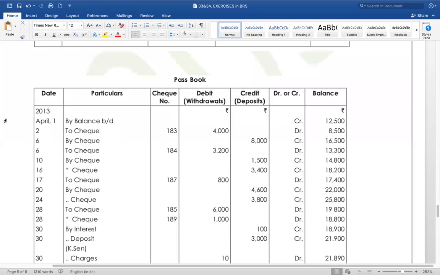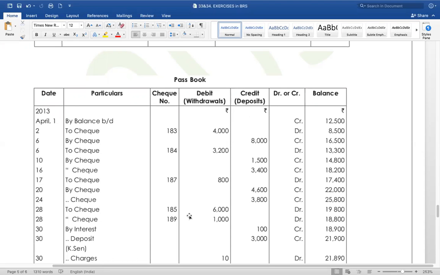On April 1st, the opening balance is 12,500. Every time you withdraw money, it is recorded here in the debit column. Every time you deposit money, it is recorded on the credit column.